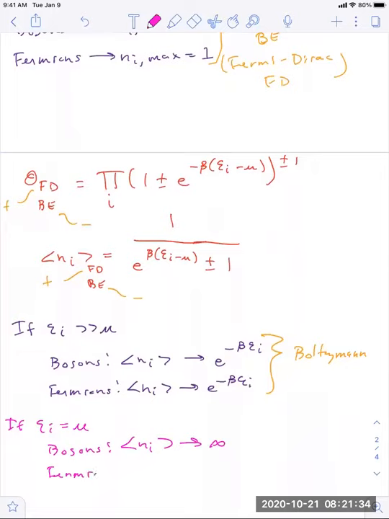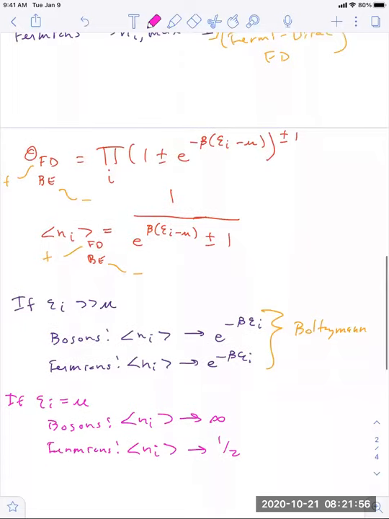And for fermions, we get kind of the same thing, because the occupation is 1/2. So I'll draw a quick picture that should make this a little more clear.